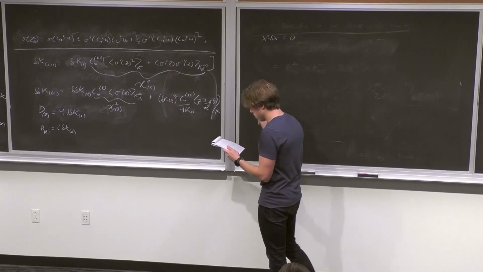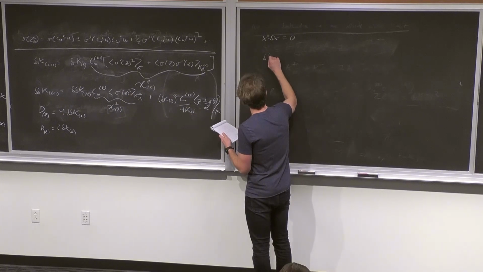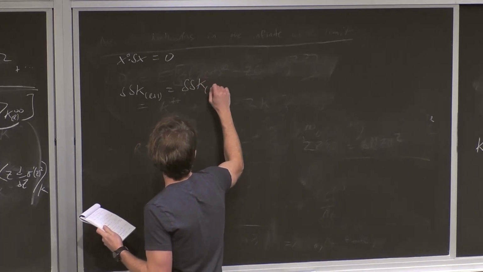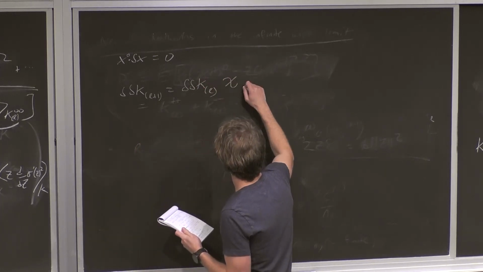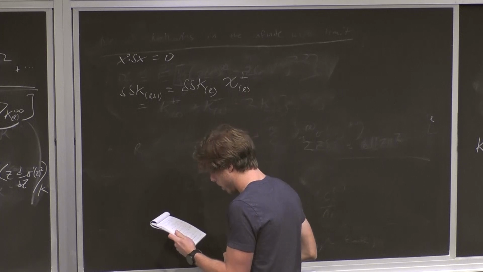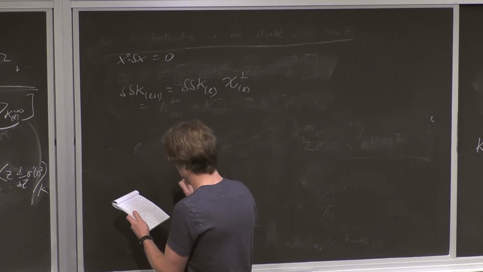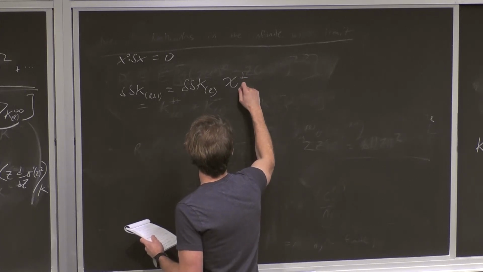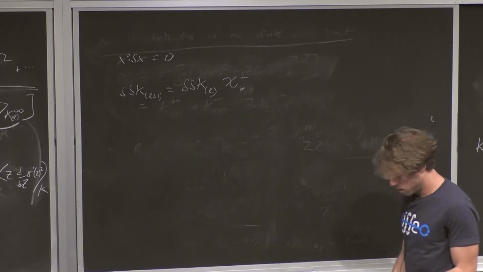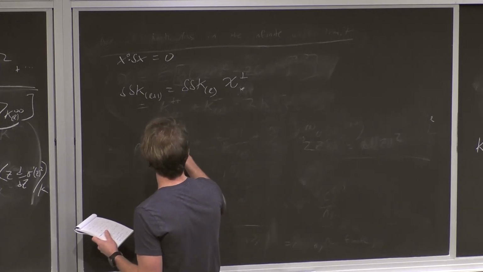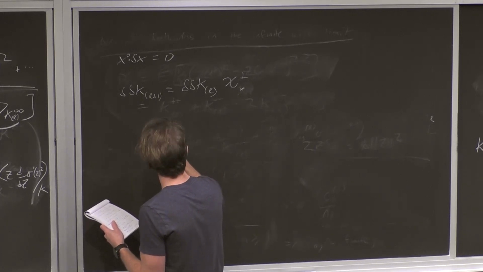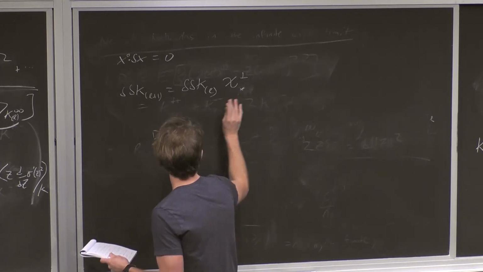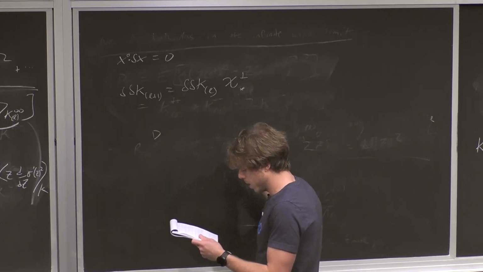So what we get is an expression that delta k at L plus 1 is equal to delta k at L times chi L perp. And to solve this recursion, let's make an ansatz that this is the same at each layer. We'll see what that entails in a second.